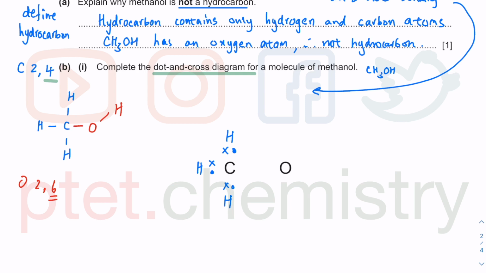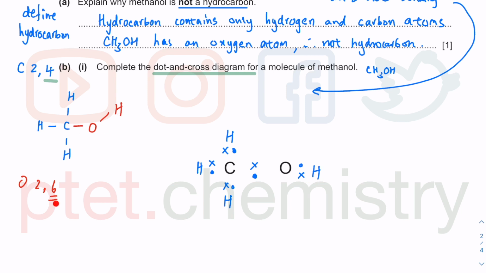If I say that is a cross, and dot is also oxygen, then in between carbon and oxygen is a single covalent bond: 1 electron from carbon, 1 electron from oxygen. Oxygen again forms a single covalent bond to the hydrogen like that.